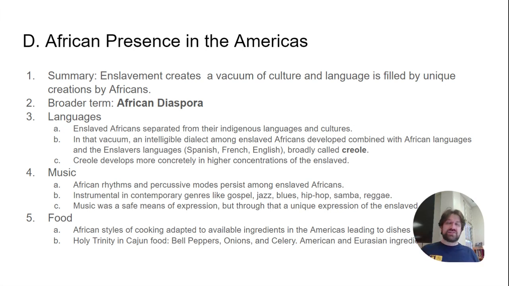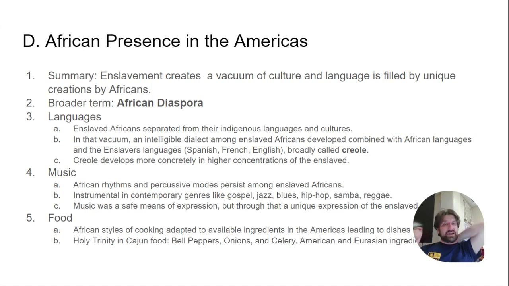And so what happens is the development of what are called Creole languages, where broad African languages, often of a single language family, Bantu speaking specifically, but even then, and Arabic as well, which is not a Bantu language, those two predominant linguistic families blend with the languages of the enslavers, be that Spanish, French, English, and Portuguese.